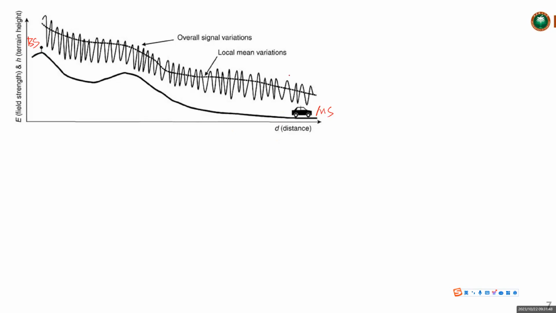So if, for example, the mobile station moves with a constant velocity, then it is convenient to relate the complex envelope r(t) and r(x), all right, because the distance x equals velocity times time.